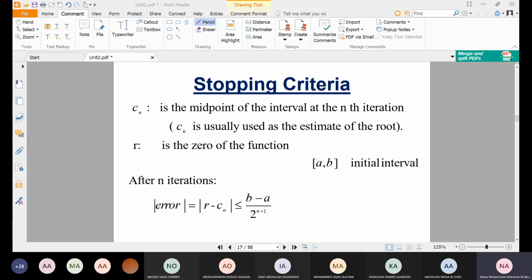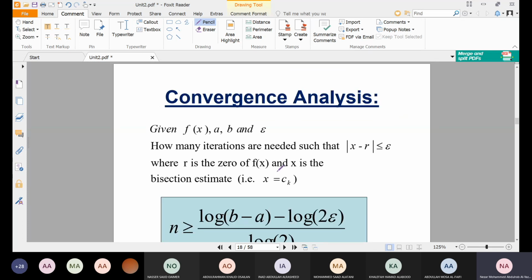So what we do is just apply the log to both sides of the equation. I take the log of the error and the log of this term. Then we get this formula.